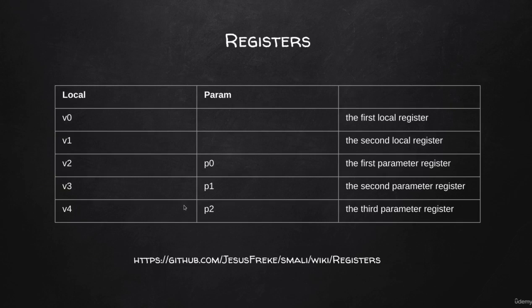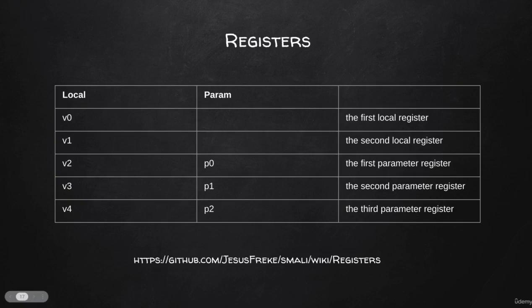That is your 2 local registers plus 3 parameter registers. So when the method is invoked, the object that the method is being invoked on, that is your this reference, will be in v2, and the first integer parameter will be in v3 and the second integer parameter will be in v4. If you want to understand this in a little more depth at your own pace, you can go to this URL.